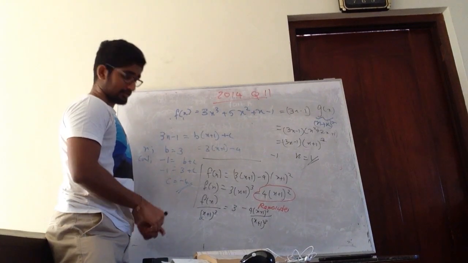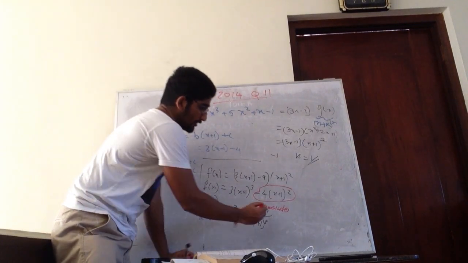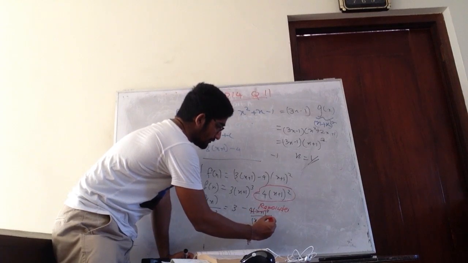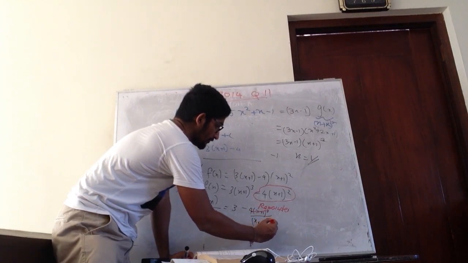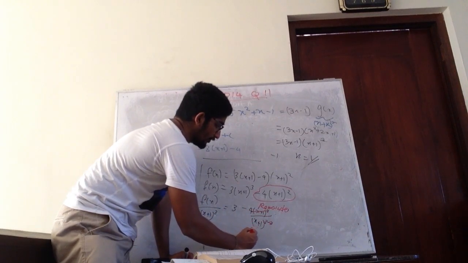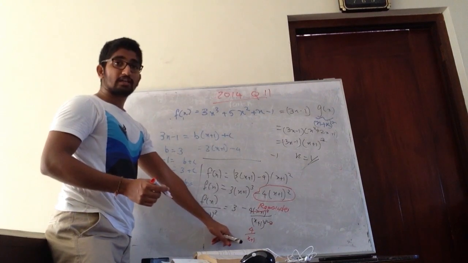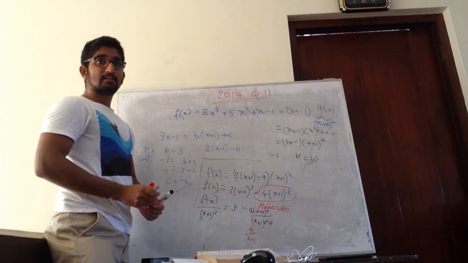Then this will get cut off and this will become 4 times x plus 1. So some people write this as the remainder.